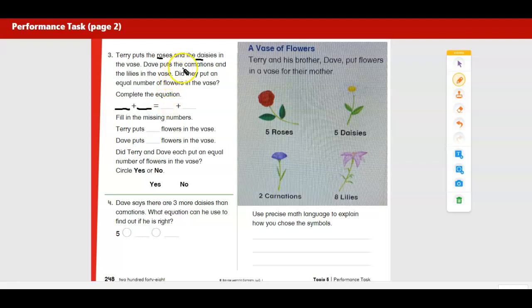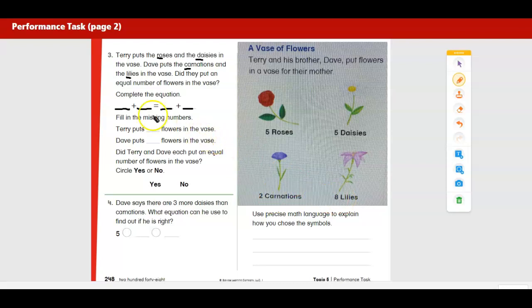Then you will look at the carnations and lilies that Dave grabbed, and you will write the number of carnations and the number of lilies. So it says it here on the chart. So here are the roses, the daisies, the carnations, the lilies.